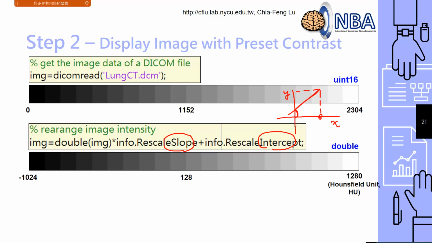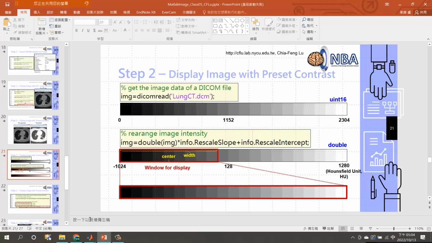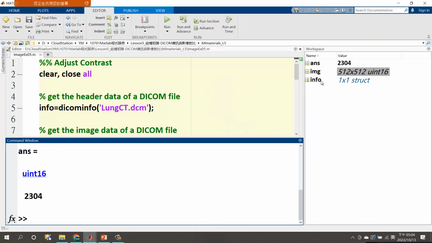And where can we get this information? Actually, they are all stored within this info structure array. Do not forget about this. Actually, you have this on hand. Take a look.